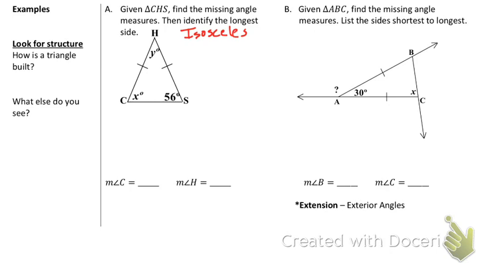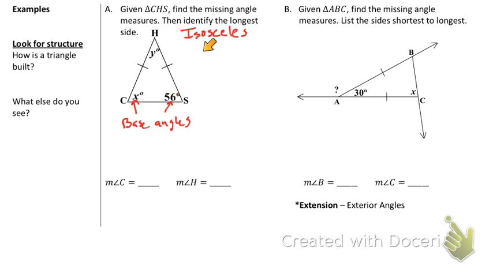There's one thing that we have to remember because of an isosceles triangle, and it has to deal with the base angles. So these two guys here are the base angles. When you have an isosceles triangle, one of the properties of an isosceles triangle is that the base angles are going to be equal.